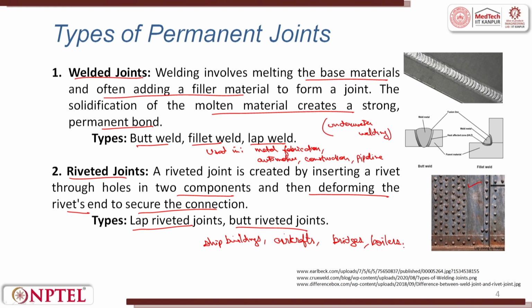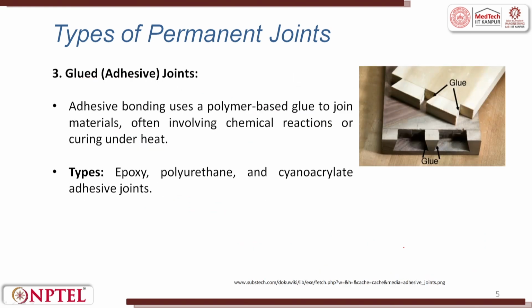Then come glued joints. Adhesive bonding uses polymer-based glue to join materials, often involving chemical reactions under heat, and this curing happens under heat. This is a glued joint that could be used on wood here. The types of glues that lead to permanent joints are epoxy, polyurethane, cyanoacrylate adhesive joints.